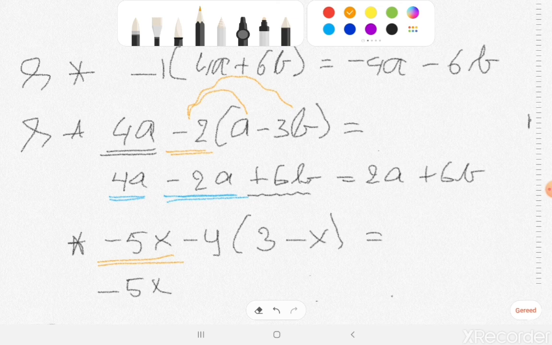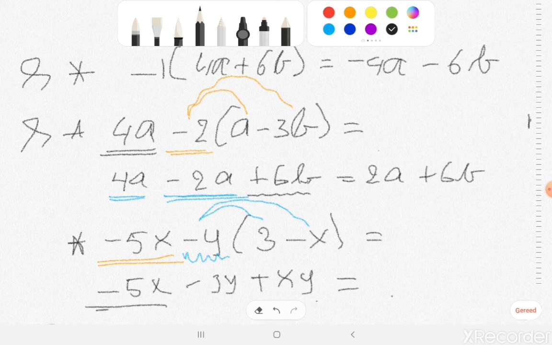And then minus y multiplying with 3, and minus y multiplying with minus x, it's going to be minus 3y and a positive xy. Check if we can simplify the last line. We can't, because I see x's, I see y's, and an xy. So 3 different terms. This is just the answer.